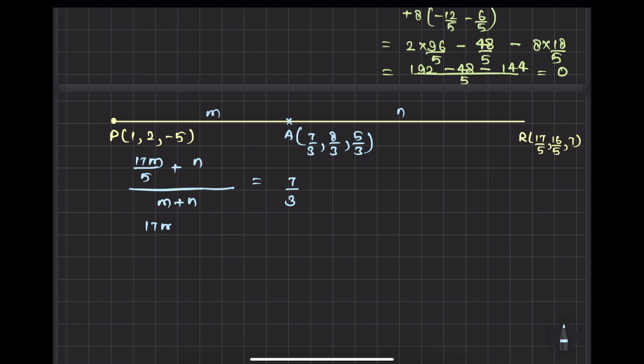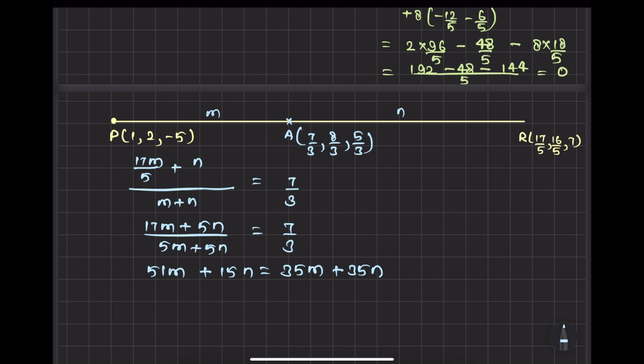Now let's do the simplification. So it is 17m plus 5n upon 5m plus 5n equals 7 by 3. Now do the cross multiplication. So it is 51m plus 15n equals 35m plus 35n. Is that okay? Now we will ask m to come on one side.